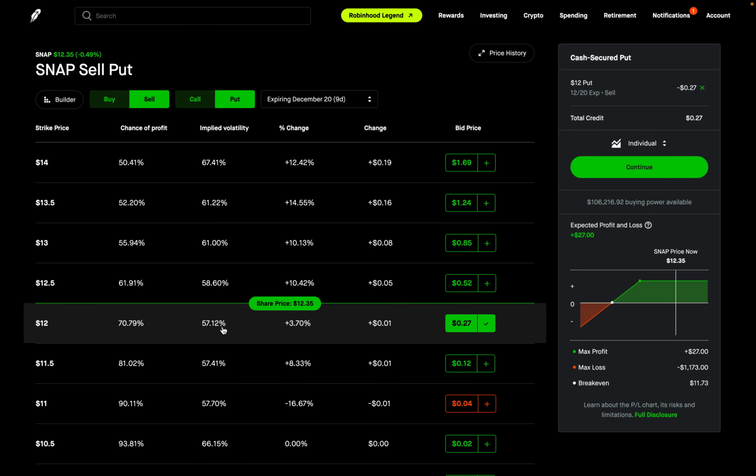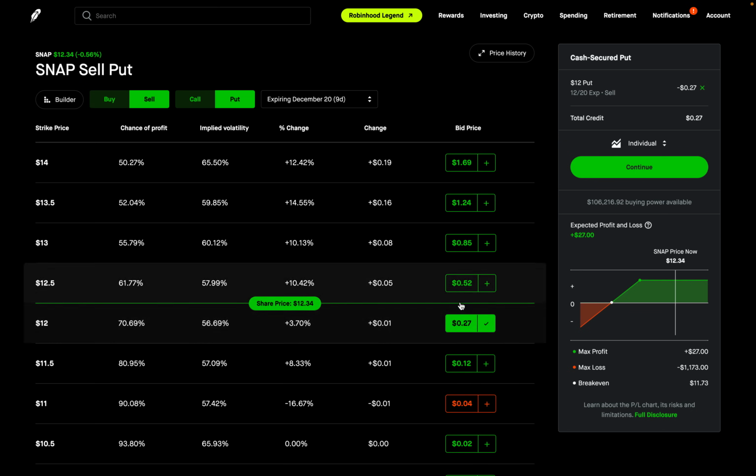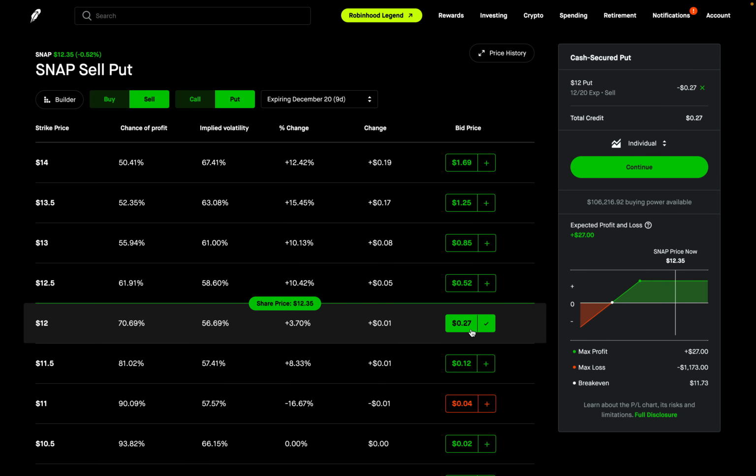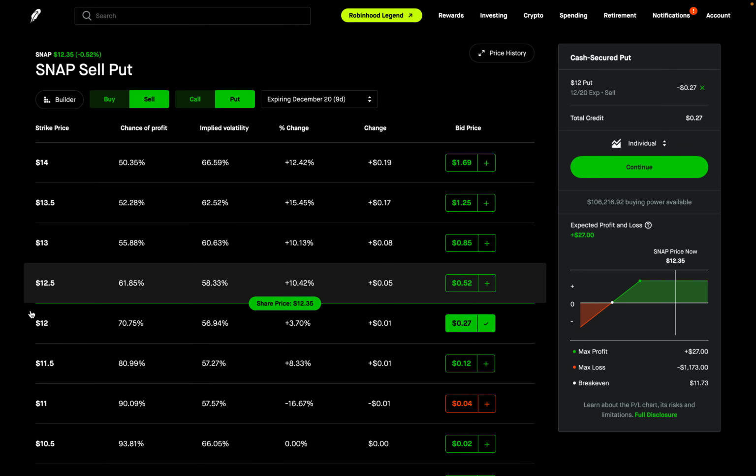If that happens, this option would expire worthless, which means I would get my collateral back, and I basically made $27. The second scenario is the share price goes below the strike price I selected. In that case, I would still keep my $27, but now that collateral that I put up would be used to purchase 100 shares of Snap at $12 a share.